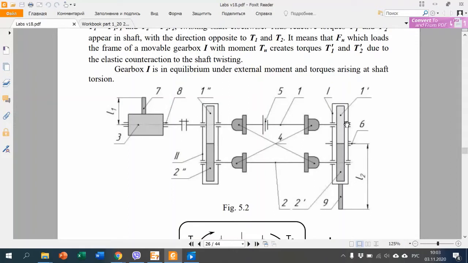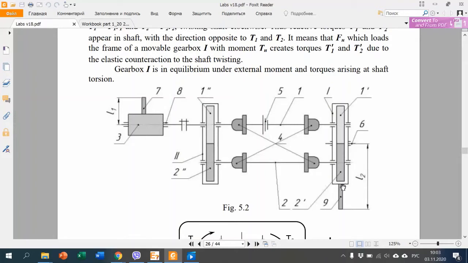we have action on the frame, and the frame tries to turn. And we can use this way, I mean that way from teeth to bearings to the frame to the base plate, we can use this flow of the force in the opposite direction.